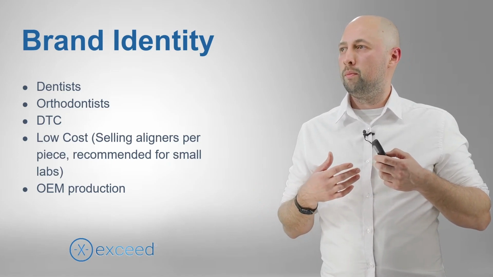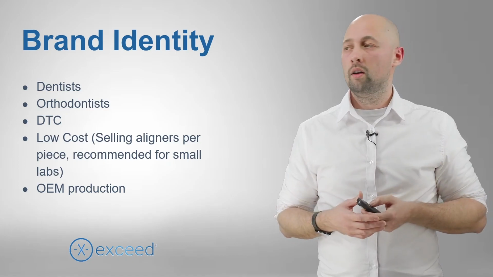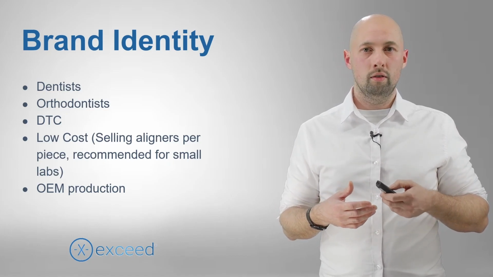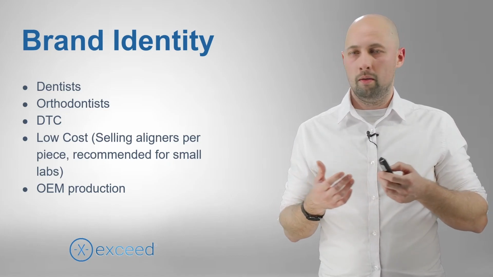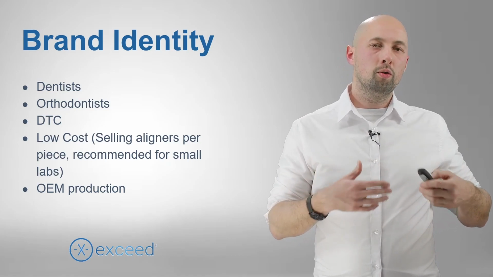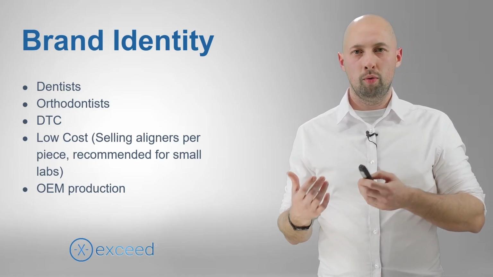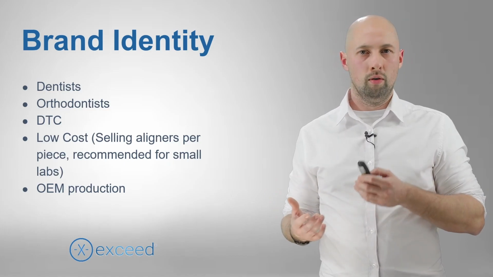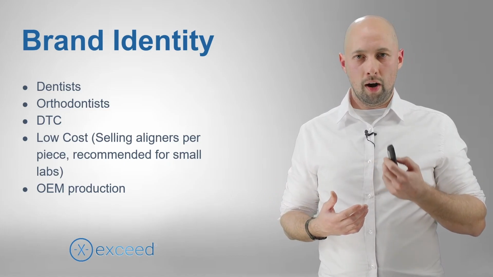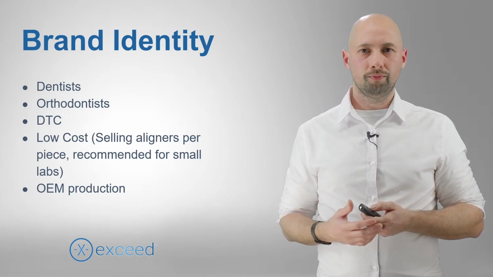When you don't have the brand per se, you produce the aligners as mass production, so to say, for those companies who do the marketing, distribution, sales, and everything. So different crowds, different approach, different message.